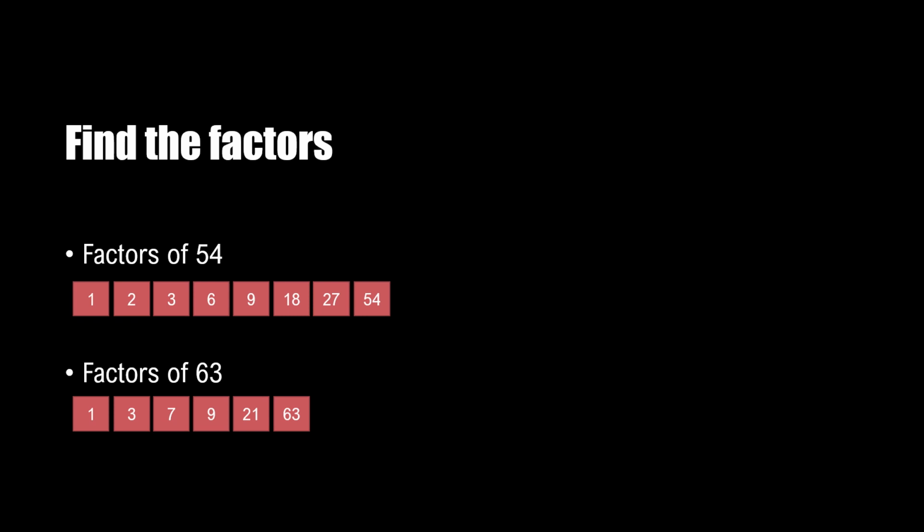So yesterday we found the factors of 54, which were 1, 2, 3, 6, 9, 18, 27 and 54. And the factors of 63 we found out were 1, 3, 7, 9, 21 and 63. From the factors of 54 and 63, which numbers are present in both?